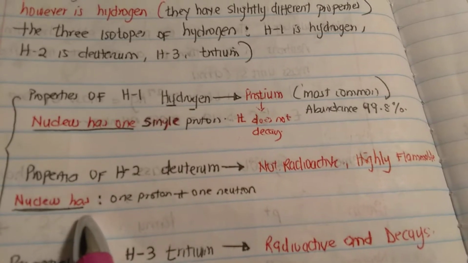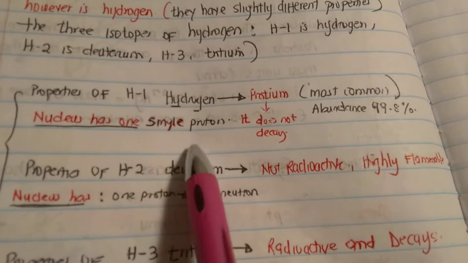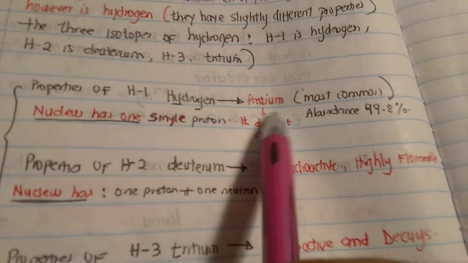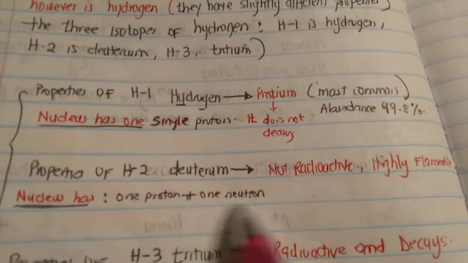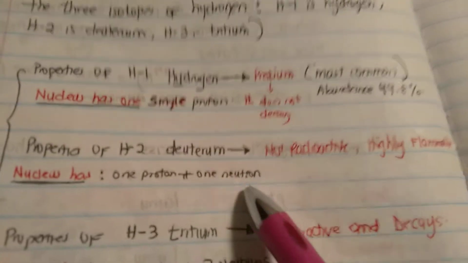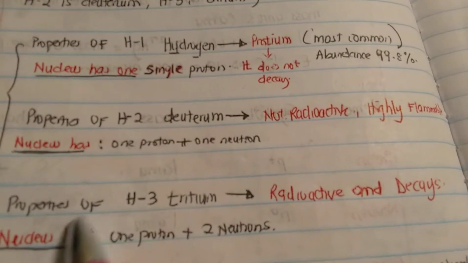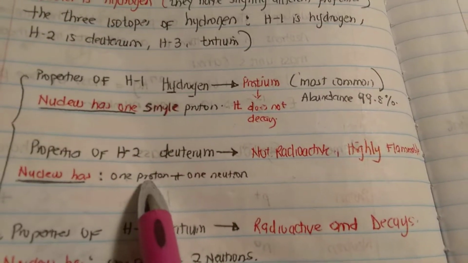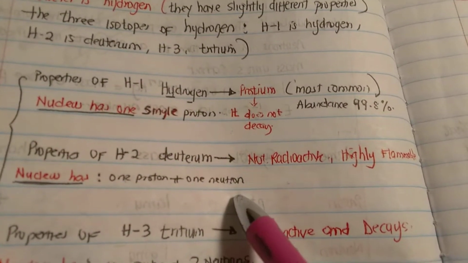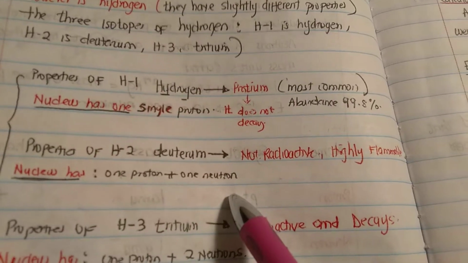And the nucleus will have one proton. This just has a single proton in protium. Deuterium has two, so it has one proton and one neutron. This has one electron, this has one electron, this just has one proton and one neutron.